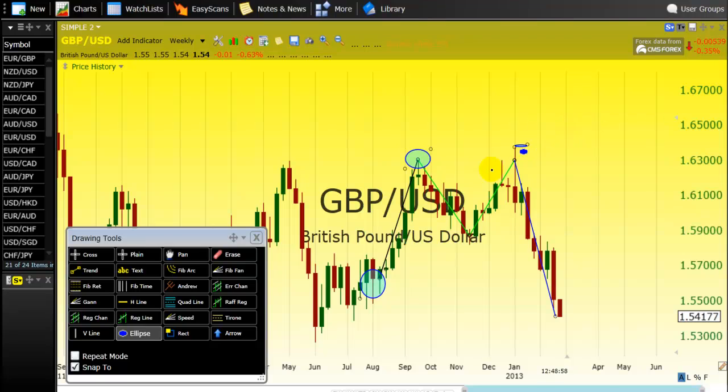A fractal pattern is a pattern that is copying itself and duplicating itself on various time frames. So we may say, for instance, that 1 is equal to 5. The only time we can say 1 is equal to 5 is when we are talking about a fractal pattern.